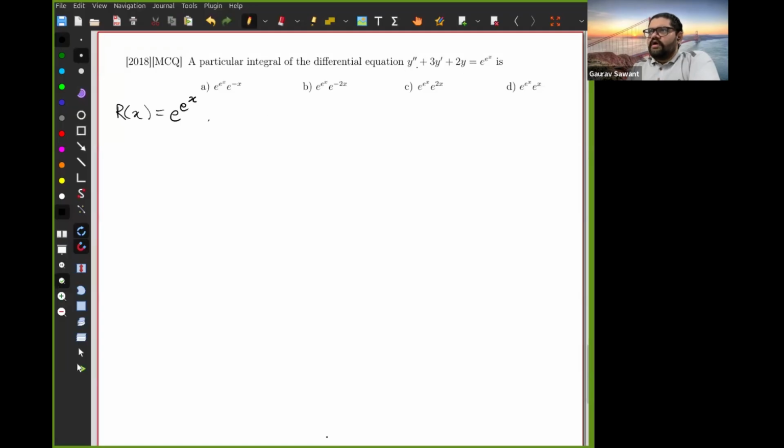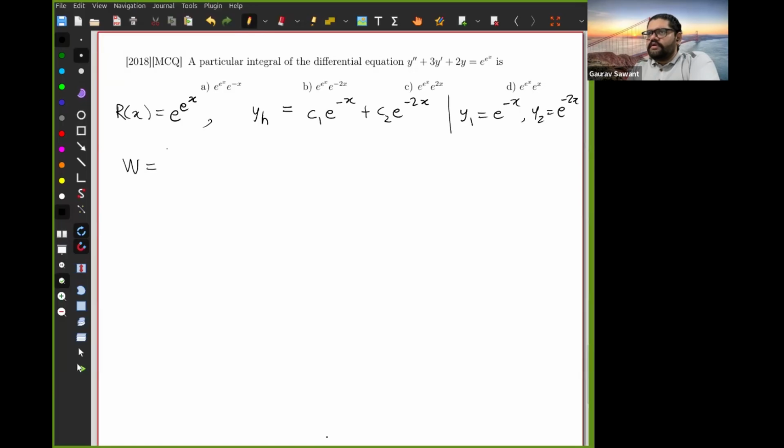Since the associated homogeneous equation has the auxiliary polynomial r square plus 3r plus 2 equal to 0, its roots are r equal to minus 1 and r equal to minus 2. Therefore, my homogeneous solution is yh equal to c1 e power minus x plus c2 e power minus 2x, with y1 equal to e power minus x, y2 equal to e power minus 2x.